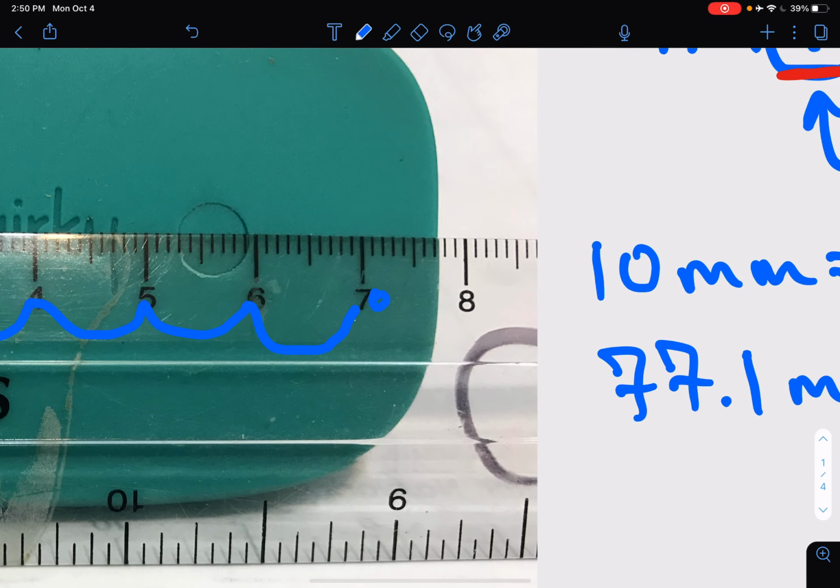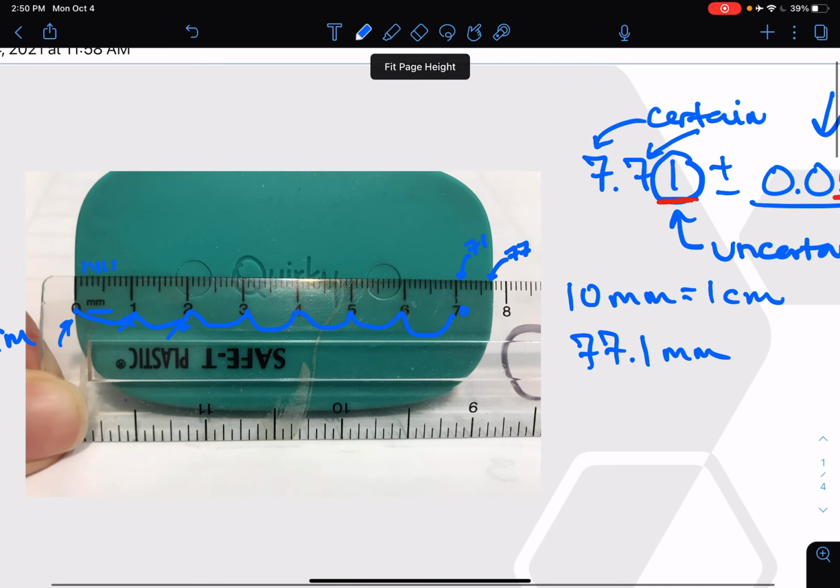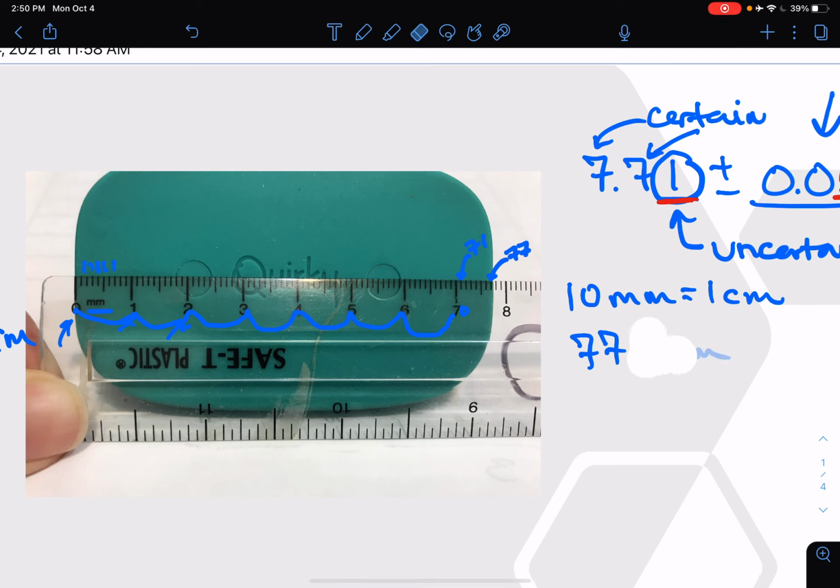So this would be 70 millimeters. And this right here would be 71. And this right here would be 77. Okay, so we should be on the same page now. So let me back up a little bit, and we're at 77 right now.